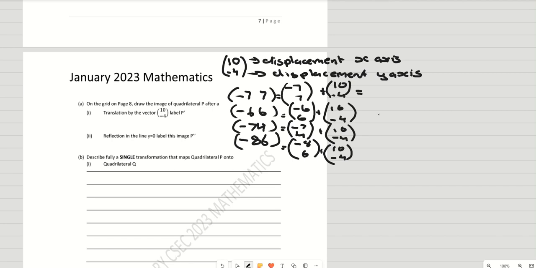So minus 7 plus 10 is 3, 7 plus minus 4 is 3. So the coordinate for this image would be 3, 3. The next one is minus 6 plus 10, that's 4. Then 6 minus 4 is 2, so the next coordinate is 4, 2. This one is minus 7 plus 10 is 3, 4 minus 4 is 0, so the next coordinate is 3, 0.